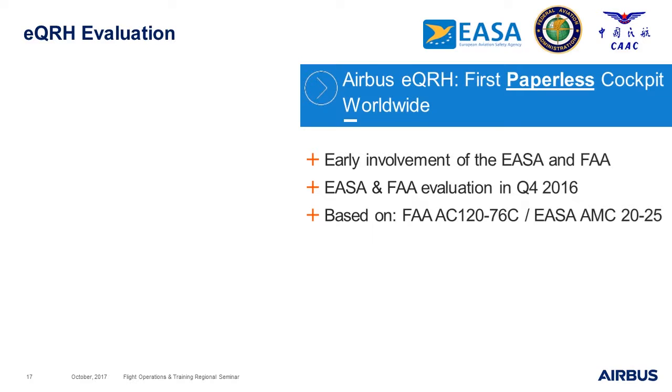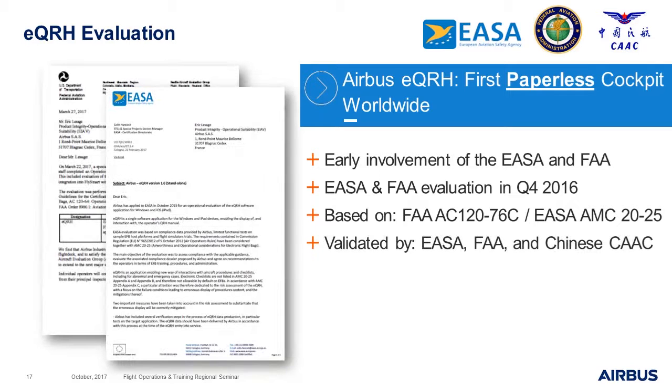The eQRH evaluations were based on the latest regulation standards, I mean the FAA AC 120-76 Change C and the EASA AMC 20-25. These evaluations were successful and both authorities provided us with the operational suitability letters of the eQRH in last February.